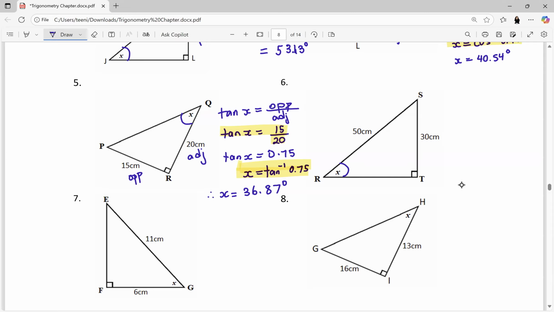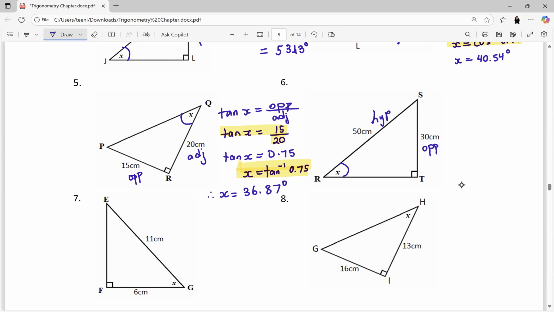RS. Yes. So this side is the hypotenuse, the side with 50. And then the other side given here, is that the opposite or the adjacent? Opposite. Which ratio uses opposite and hypotenuse?